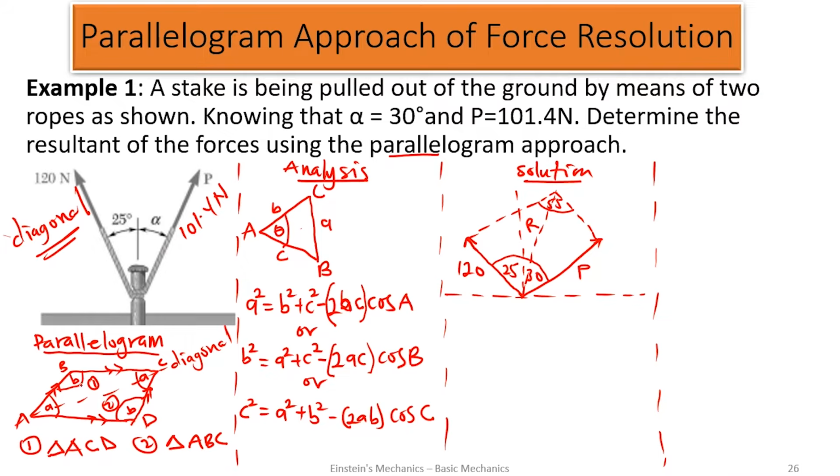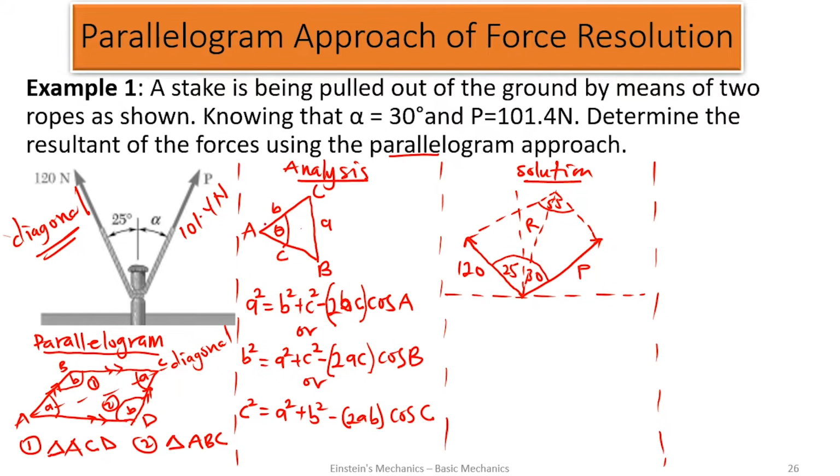So this is triangle ABC, and it will represent two sides. You have two forces B and C with respect to the diagonal. So if A is representing the diagonal of the parallelogram we want to find, we will now use the cosine rule for triangles.